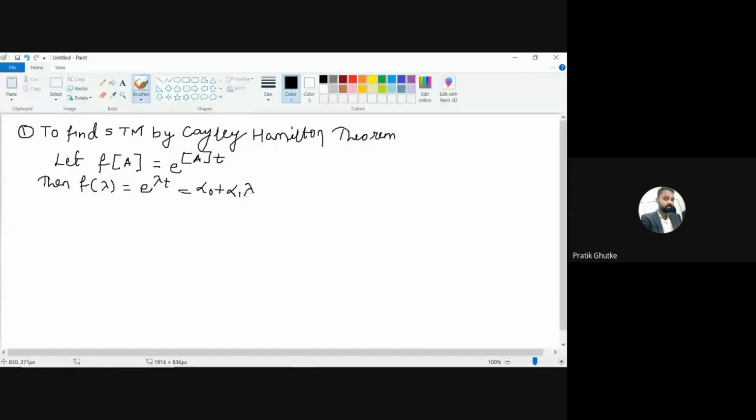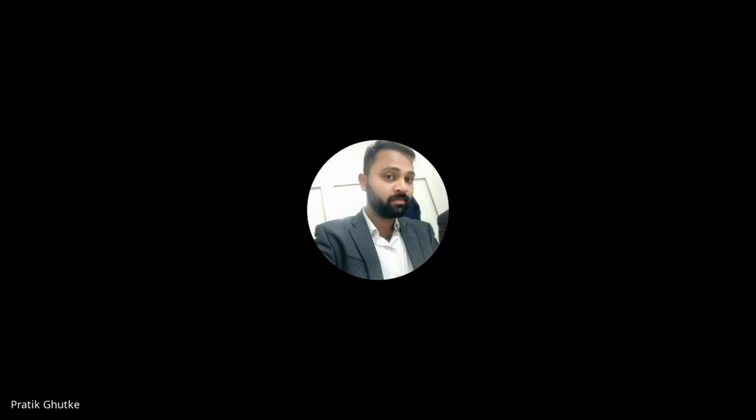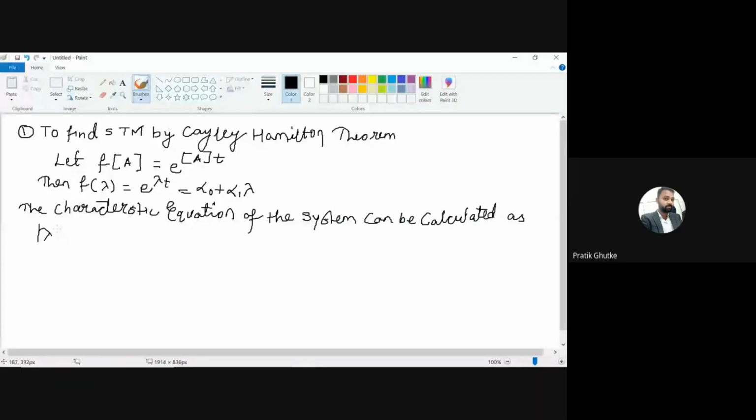The characteristic equation of the system can be calculated as mod of lambda I minus A equals 0.